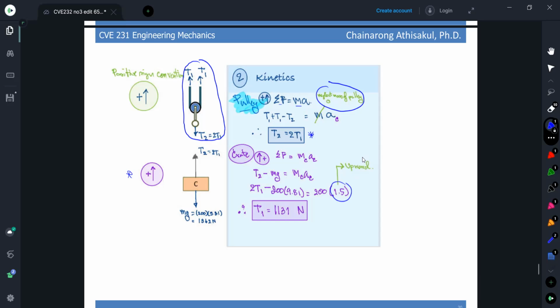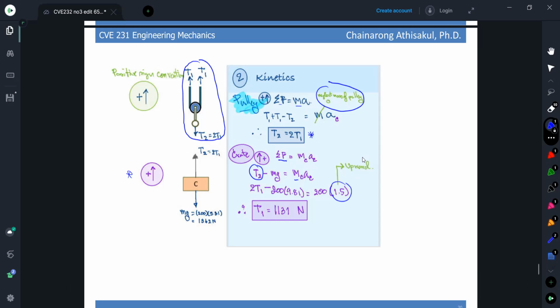On the left hand side, summation F upward is T2 minus mg. On the right hand side, we have mc times ac, with upward as positive.